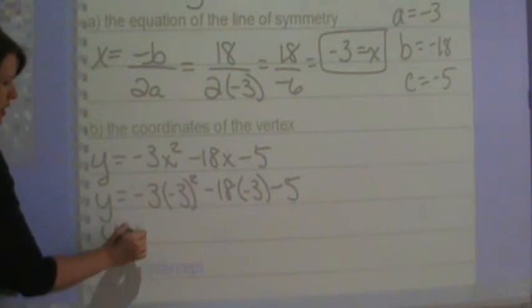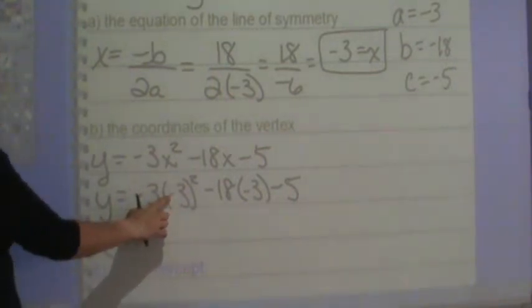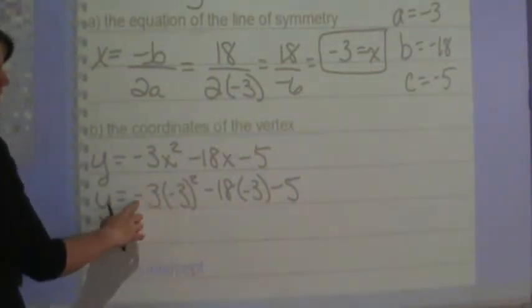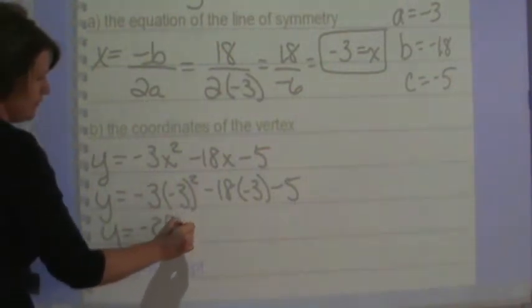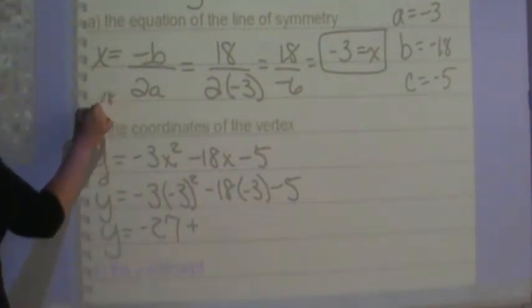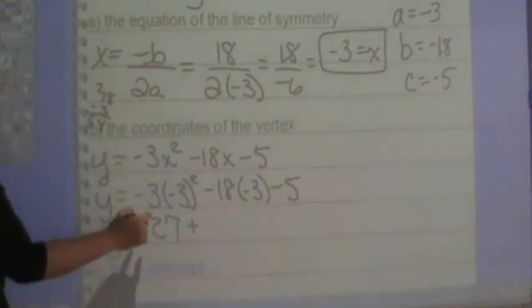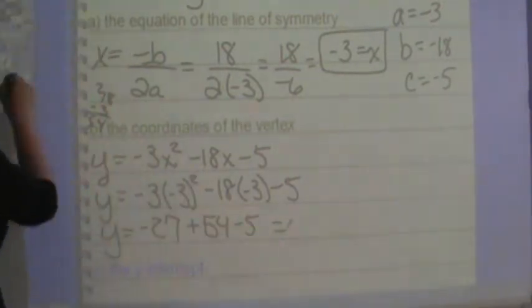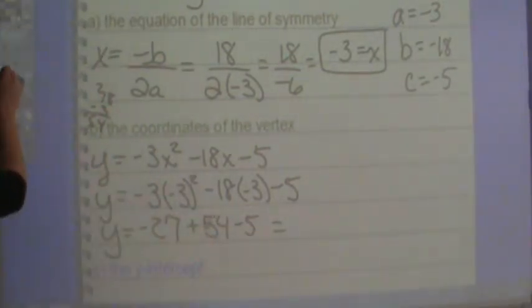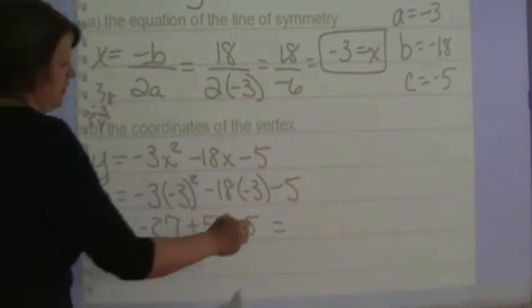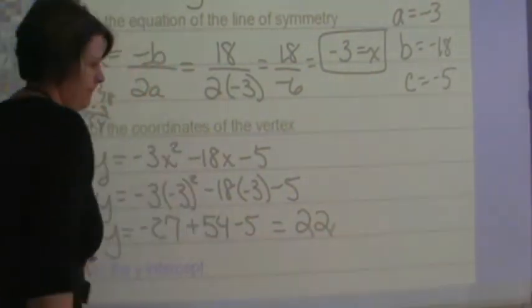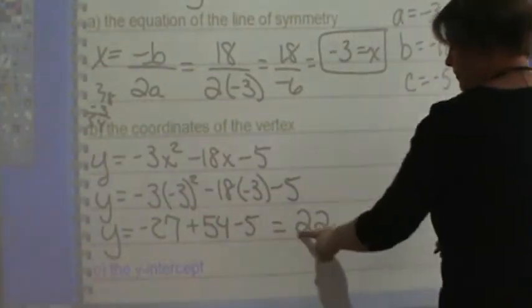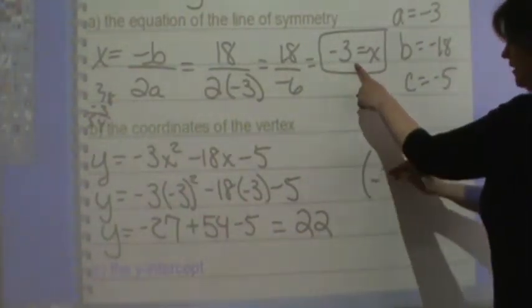Otherwise, negative 3 times negative 3 is 9, and 9 times negative 3 is negative 27. 18 times 3 is 54, so that's plus 54, minus 5. 27 is half of 54, so 27 minus 5 is 22. So that's my y, and my x was negative 3.